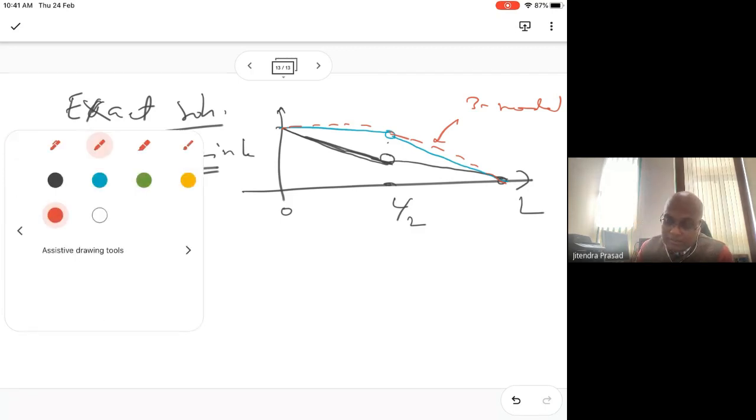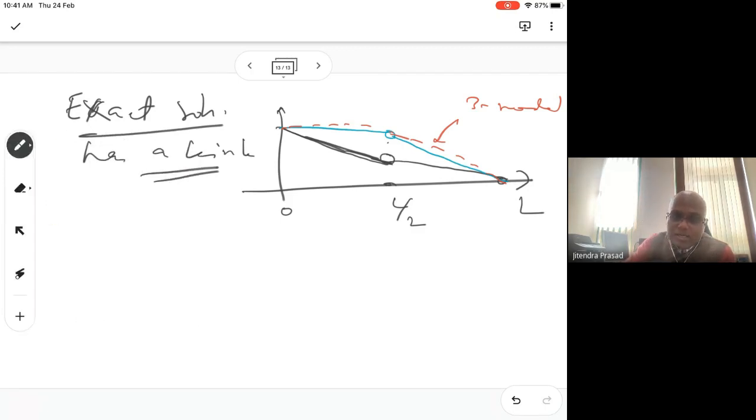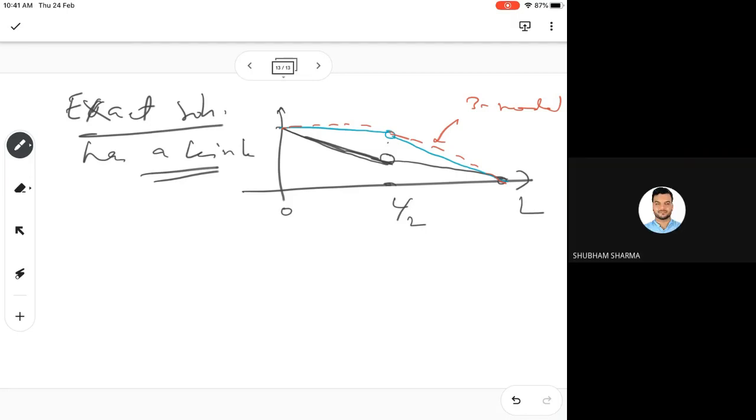Any question, guys? So this gives you a good understanding. Sir, this means that if we take the trial function to be as close to the original function that we have, then we will be having good results, exact results.